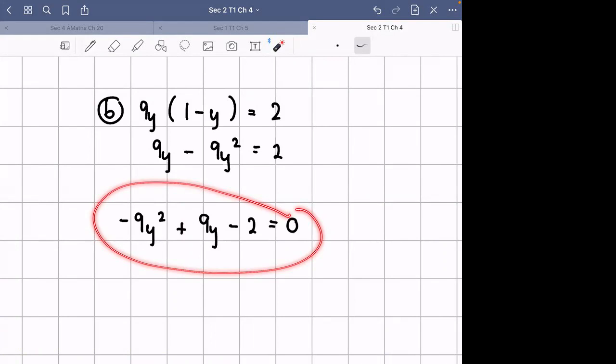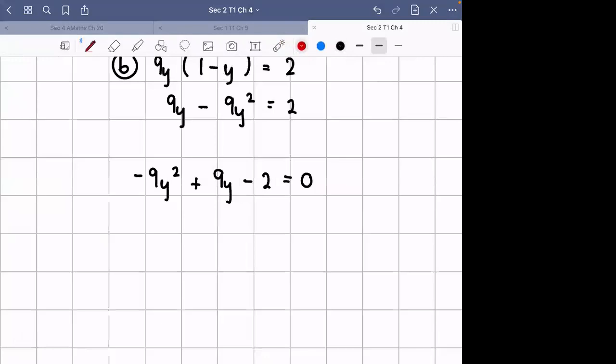Okay, so how do we answer this? To answer this, I think this is still guess and check. So we have negative 9y. What are the factors of negative 9y?